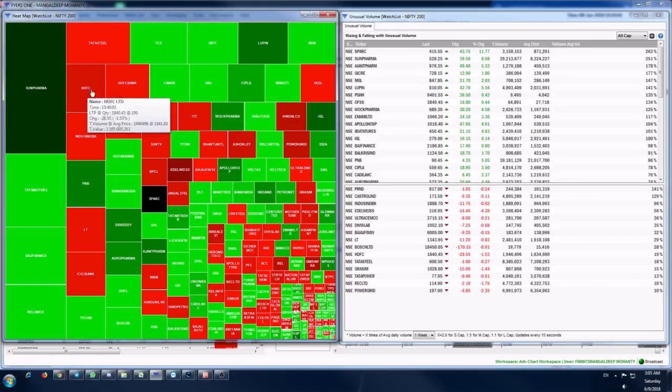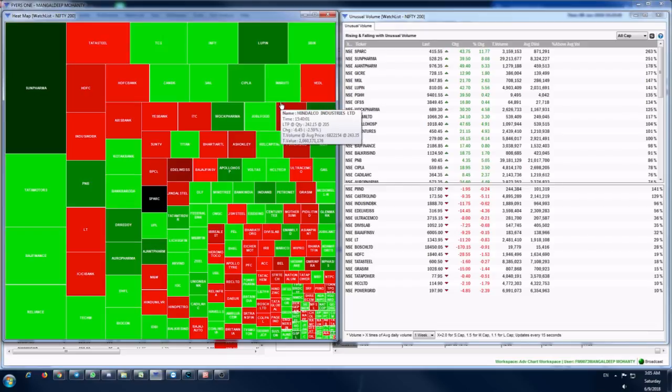Because the heat map is showing that Sun Pharma is going in the upward direction big time, and at the same time the unusual volume is telling that Sun Pharma's volume for Friday was really high. It was not something usual, not something normal. That is why they have given the name unusual volume.